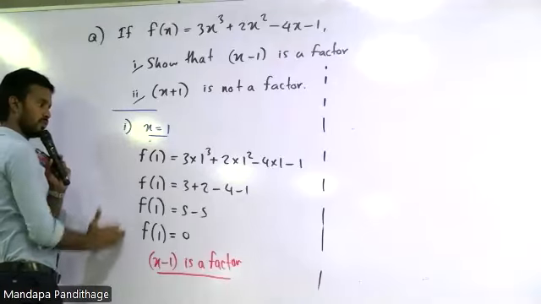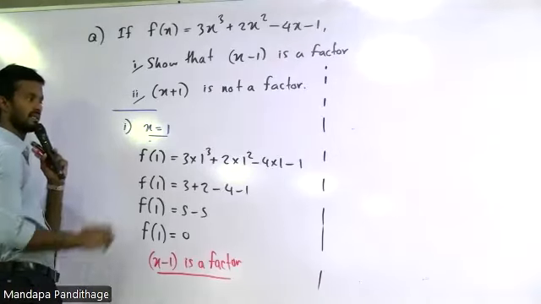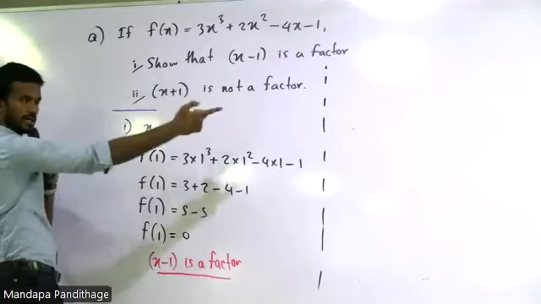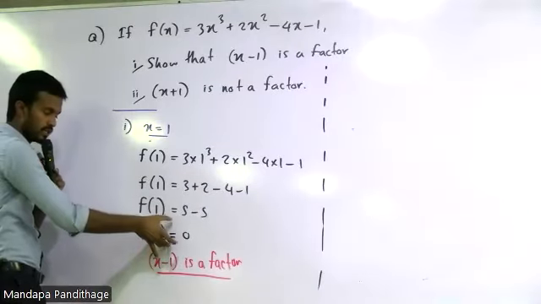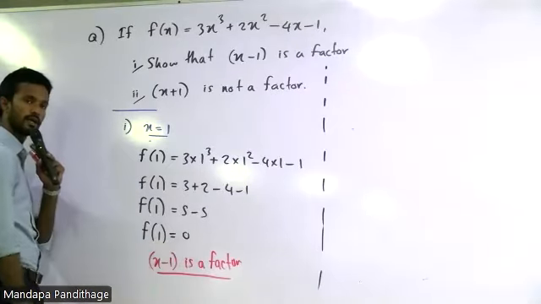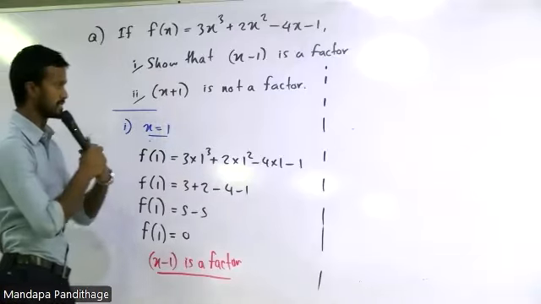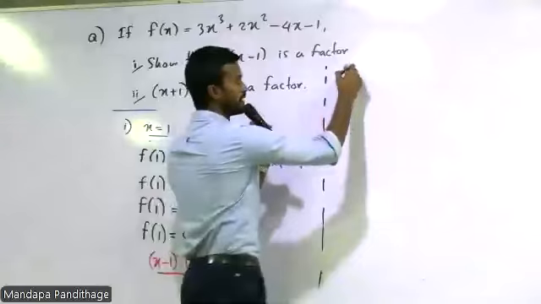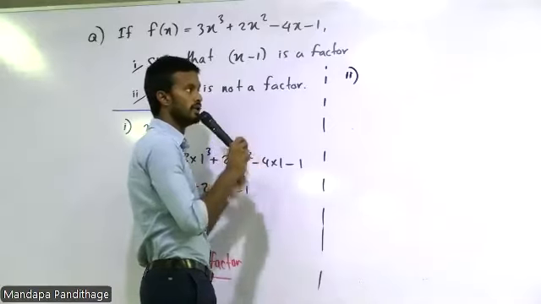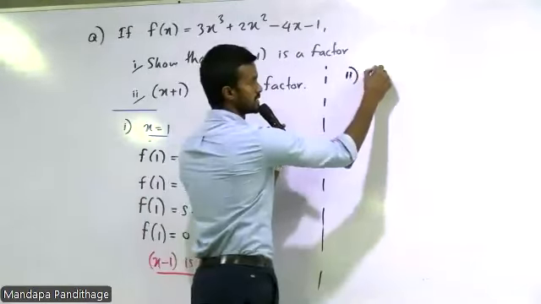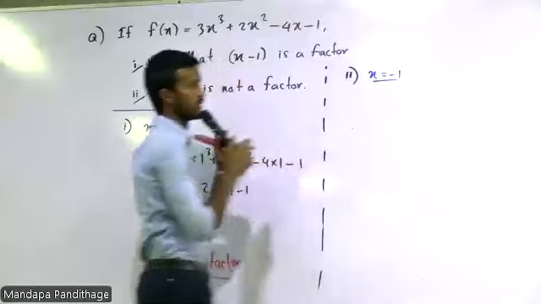But what I want you to understand here is something logical. If x minus 1 is a factor, then f(1) equals 0. So if I can show that, I can say x minus 1 is a factor. Same thing, now consider f(-1). To get f(-1), put x equals minus 1.